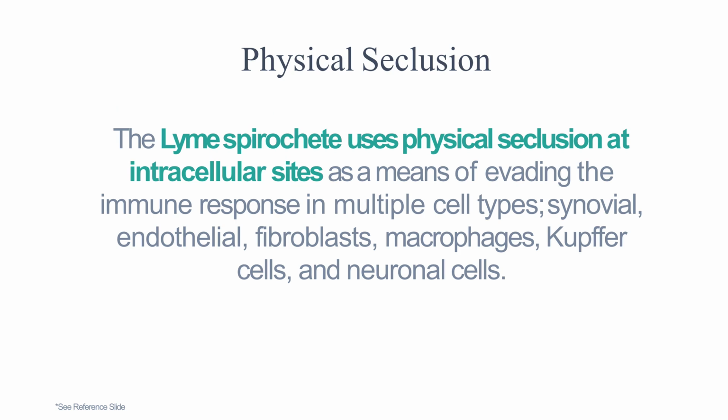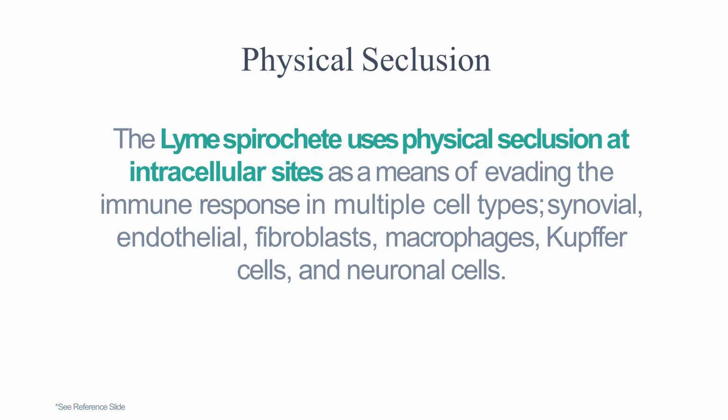And then it has this ability to evade the immune response when we're hitting it with many antibiotics, because it can go and hide in synovial, endothelial, and fibroblasts and macrophages and Kupffer cells and neuronal cells, until it has the ability to say, okay, I'm going to get started again and replicate and disrupt the immune system.